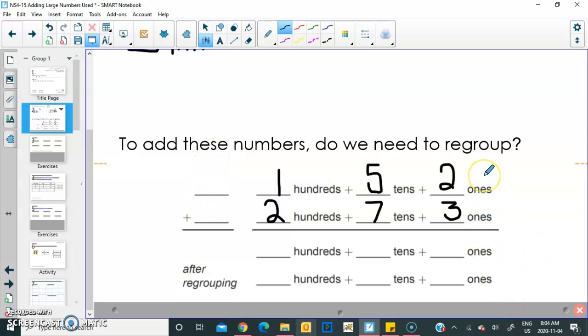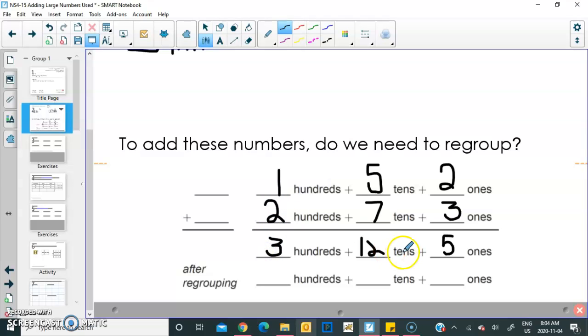Now, we always count the ones first. So 2 plus 3 is 5. And we don't need to regroup a 5. 5 plus 7 is 12. And 2 plus 1 is 3.